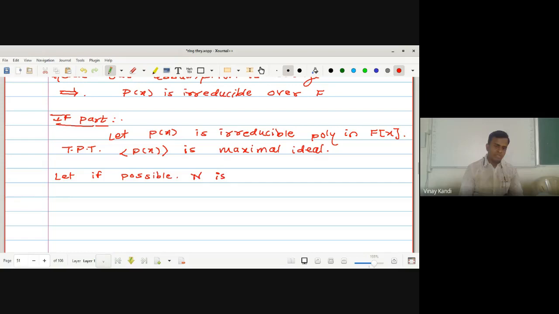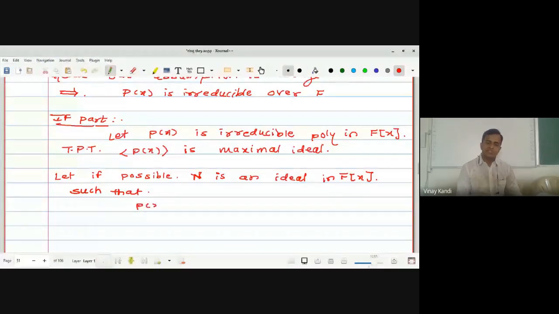N is an ideal in capital F of x such that the ideal generated by p of x is contained in N, which is contained in capital F of x.